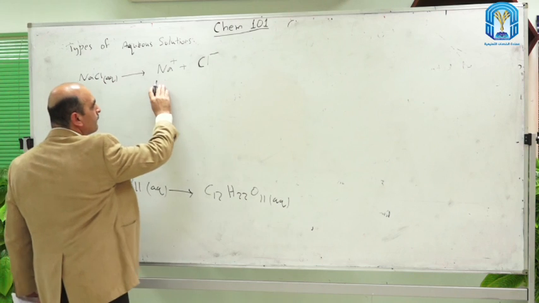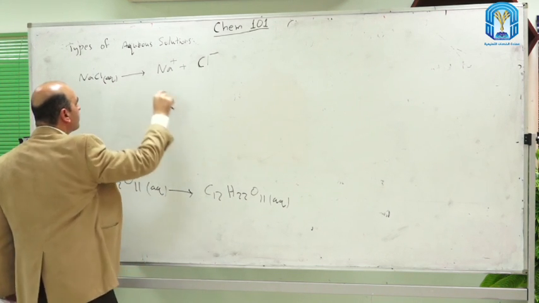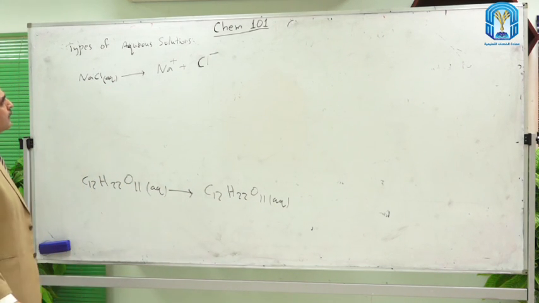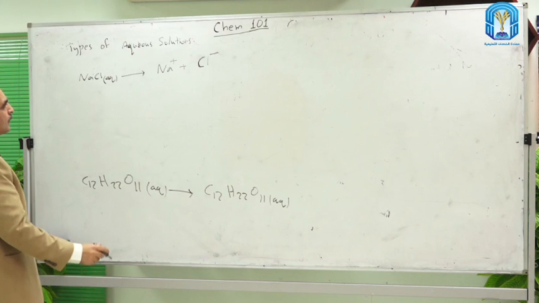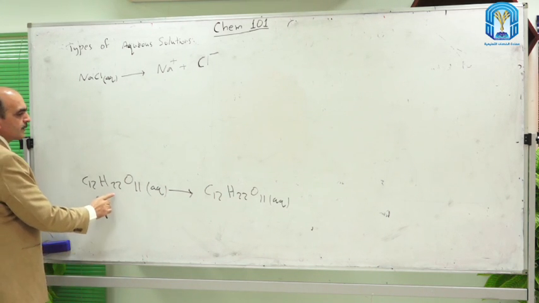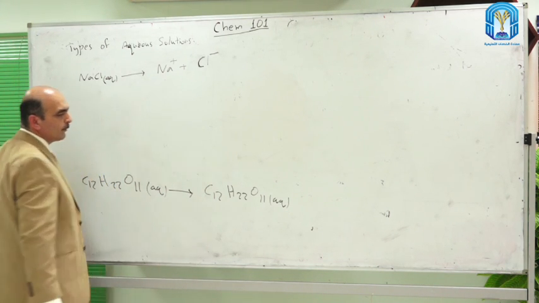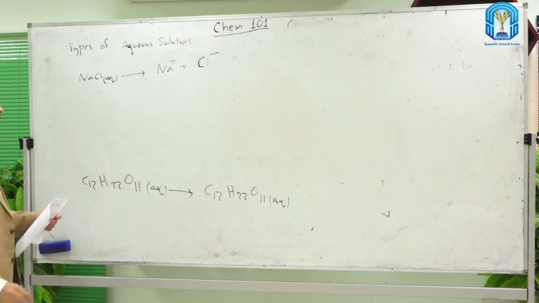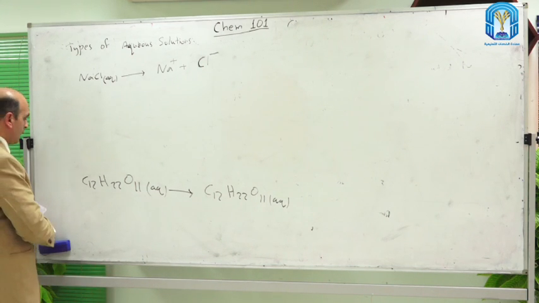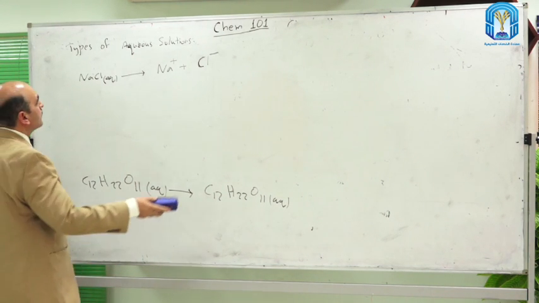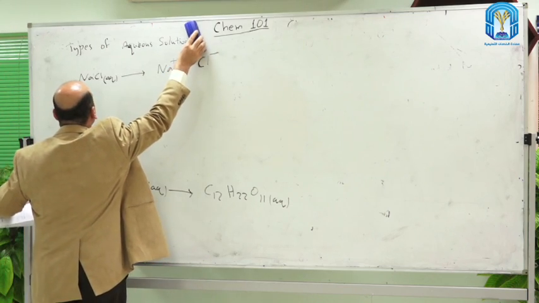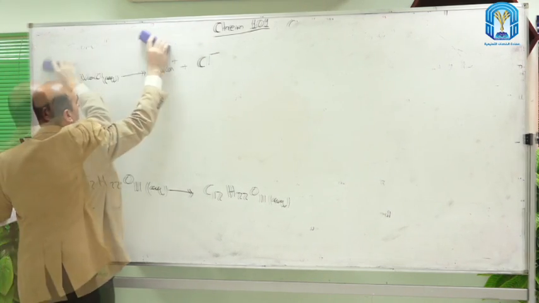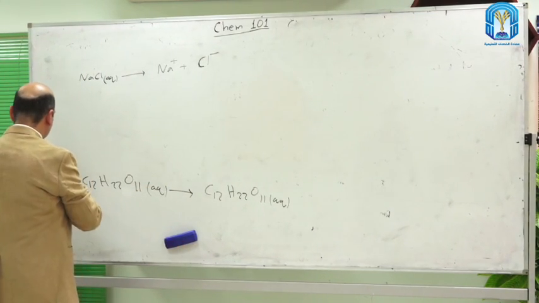So this solution conducts electricity, يوصل التيار الكهربائي, whereas this solution does not conduct electricity, لا يوصل التيار الكهربائي. So the solution that conducts electricity, we call it electrolyte.